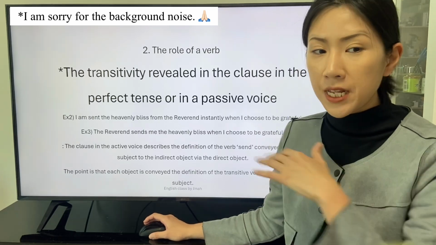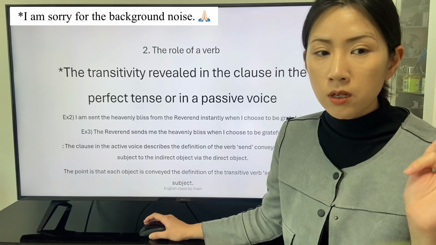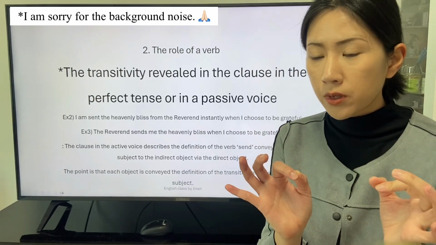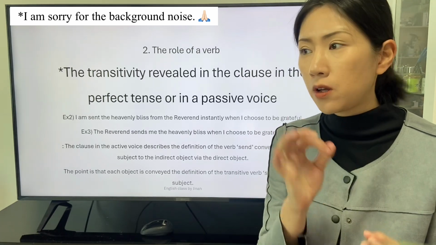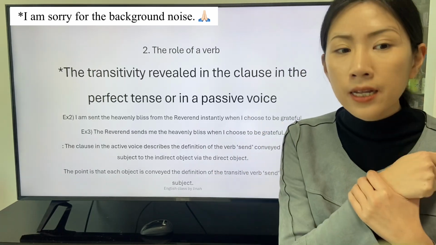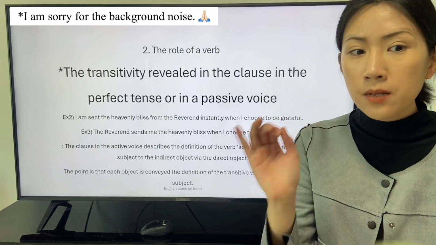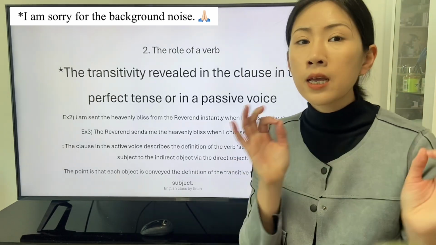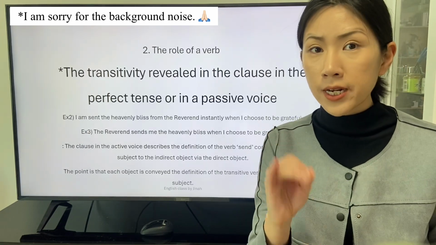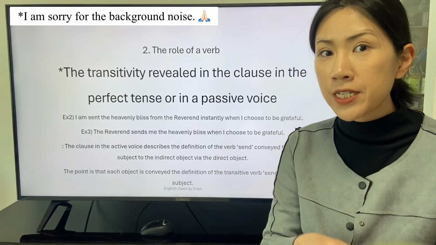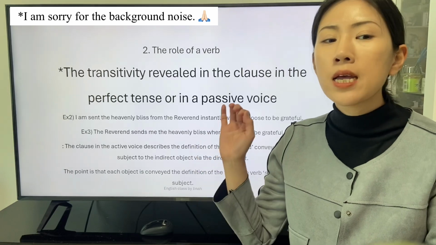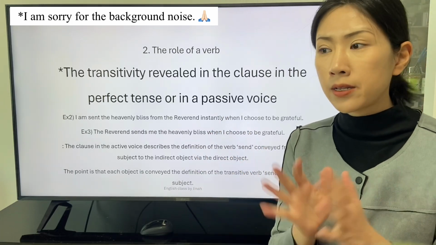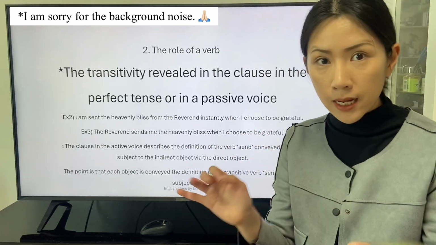The subject of this clause is the Reverend, and the direct object who gets the definition of the transitive verb sends is indicated by the phrase of noun, the heavenly bliss. And the indirect object who gets the definition of the transitive verb sends from the subject is indicated by the personal pronoun me.